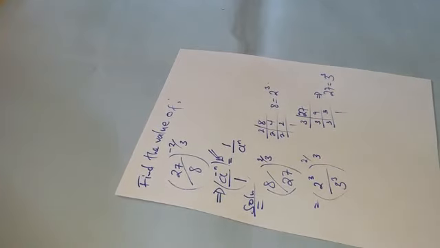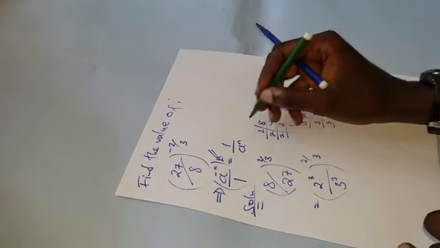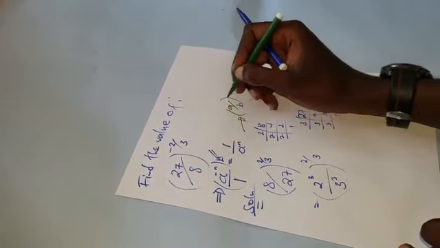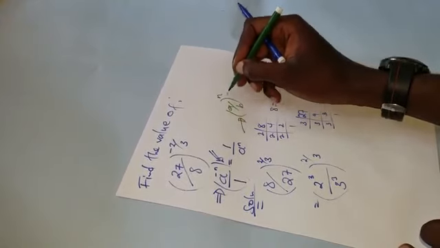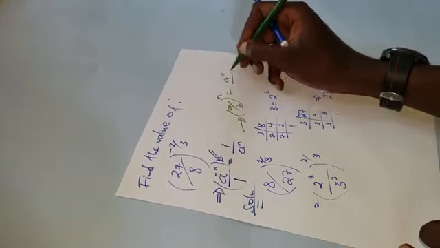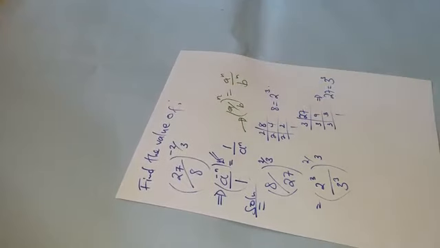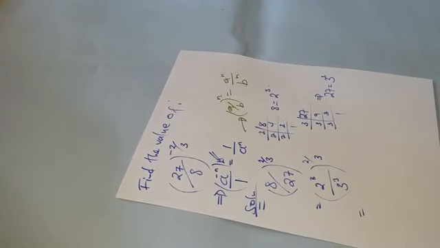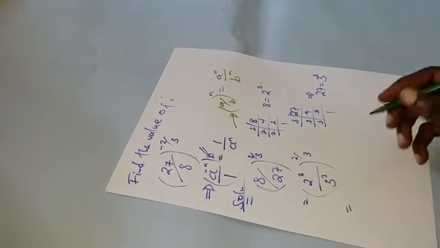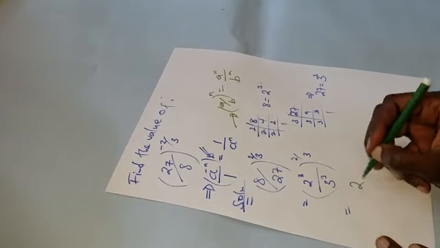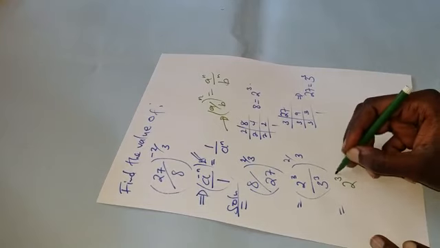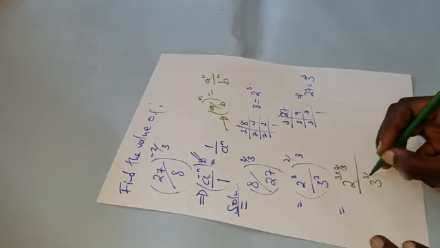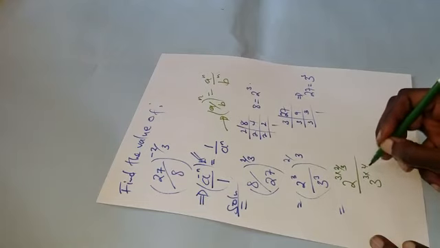And we shall use the first rule that we used, the rule of a over b to power n, where a is affected by the n and b is also affected by the n. From there, what you have next is 2 power 3 times 2 over 3, over 3 power 3 times 2 over 3.